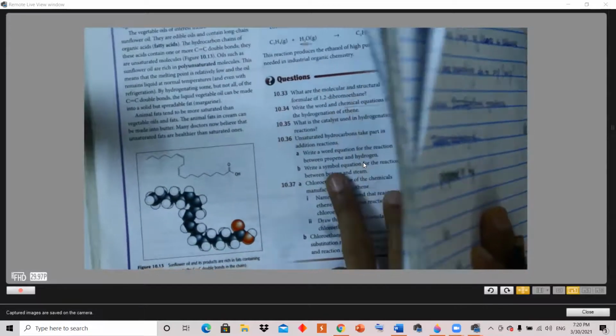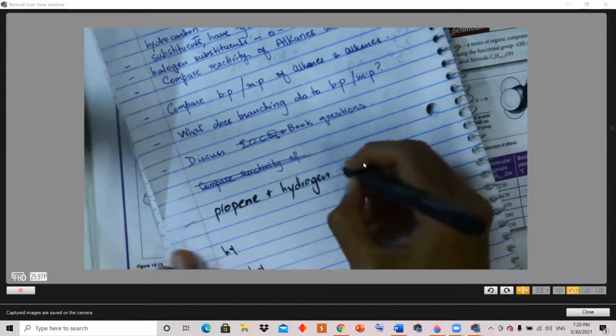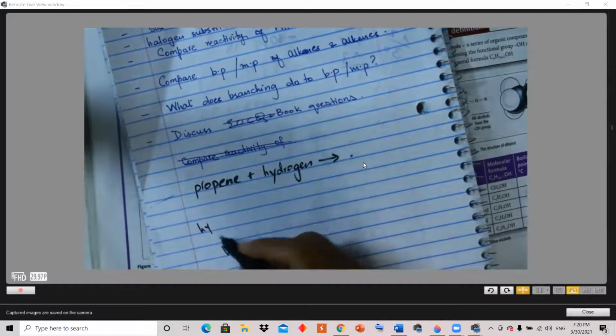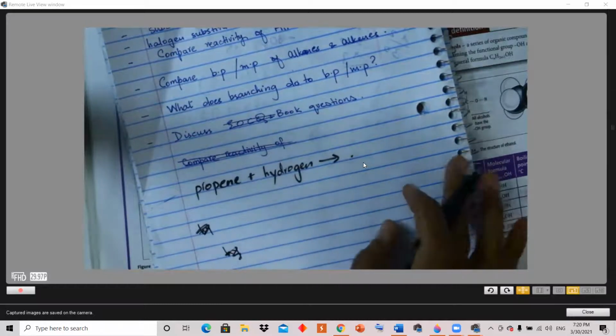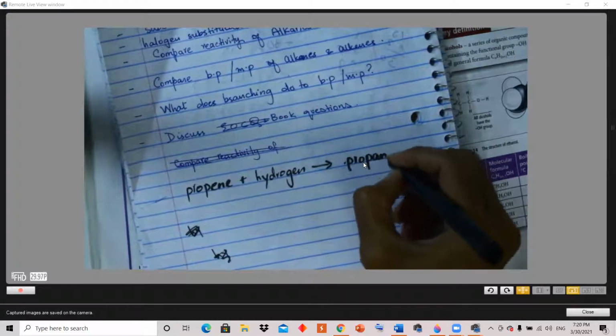Hydrogenation, isn't it? The reaction between propene and hydrogen. Okay. This is a word equation. Hydrogen will give us what? What should be the product? Propane. Propane, right?